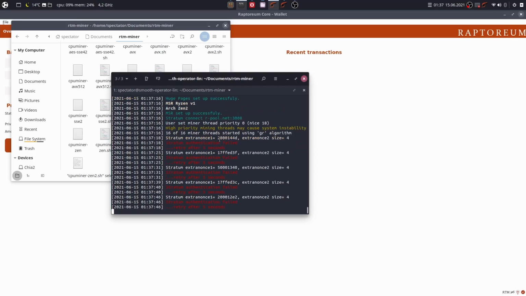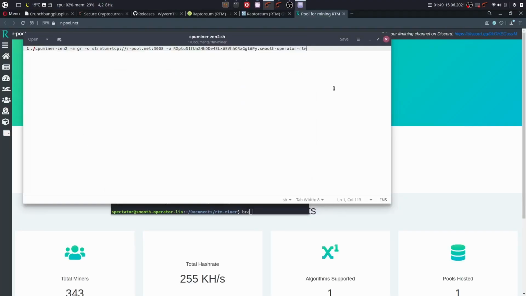Okay, some kind of error at the moment. I need to check it, so I'll be right back. Okay, so after a little chat with one of the developers, it turns out dashes in worker name are not allowed. So I have to just remove dashes and use camel case instead.